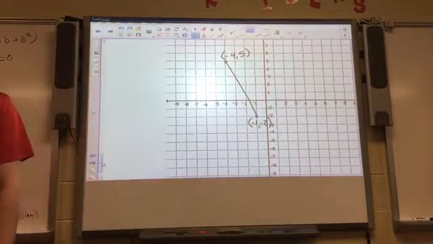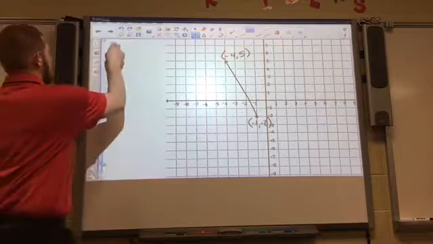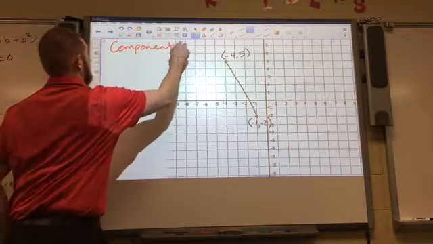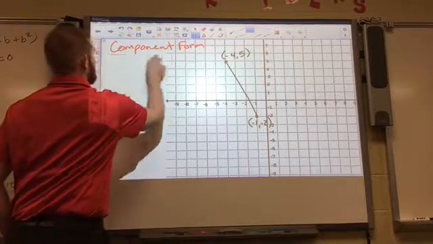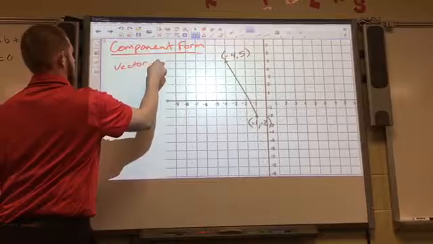With a vector, we don't typically use coordinate notation. We use what we call component form, or also sometimes you'll hear me call it vector notation.